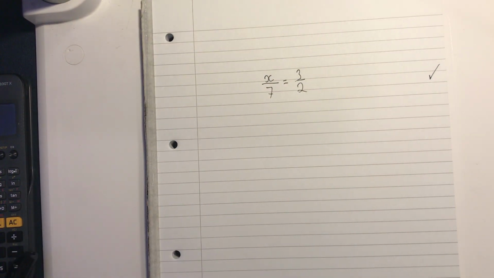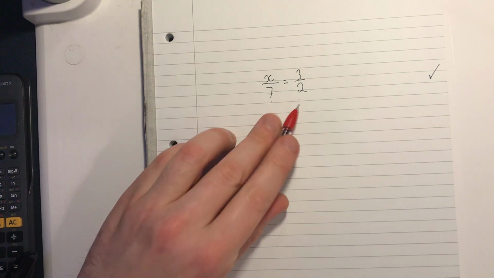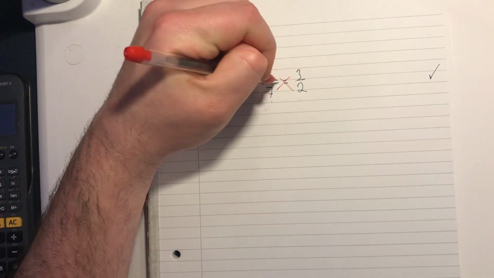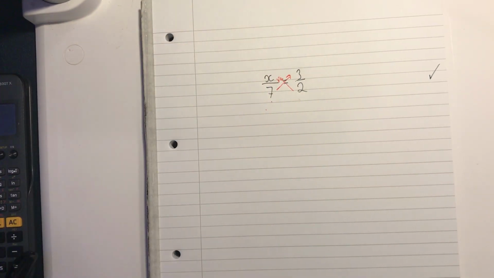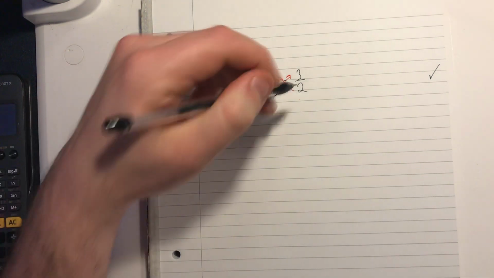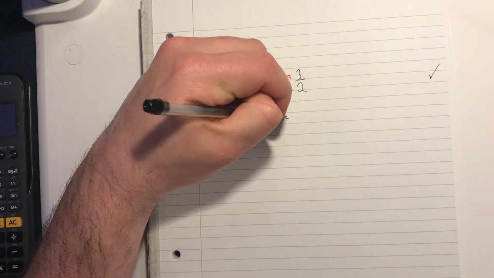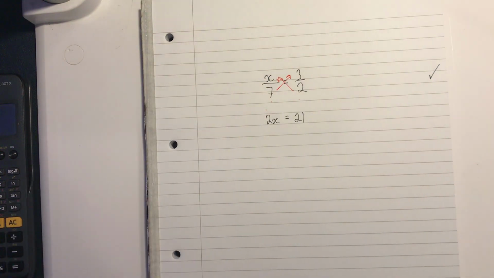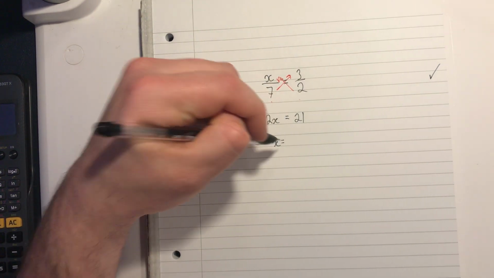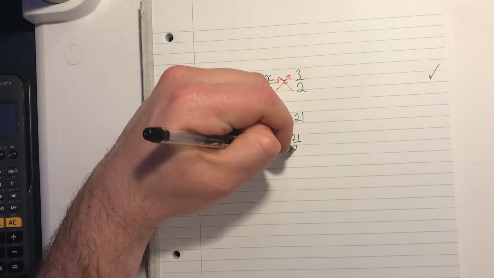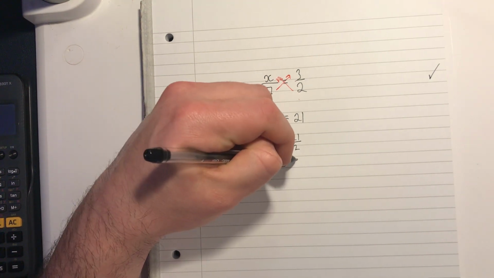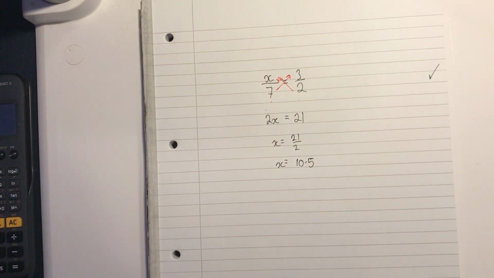Okay, we have one fraction equaling one fraction. We're allowed to cross multiply, so we go that way. So I can say 2x equals 21. So x is equal to 21 over 2. X is equal to 10.5.